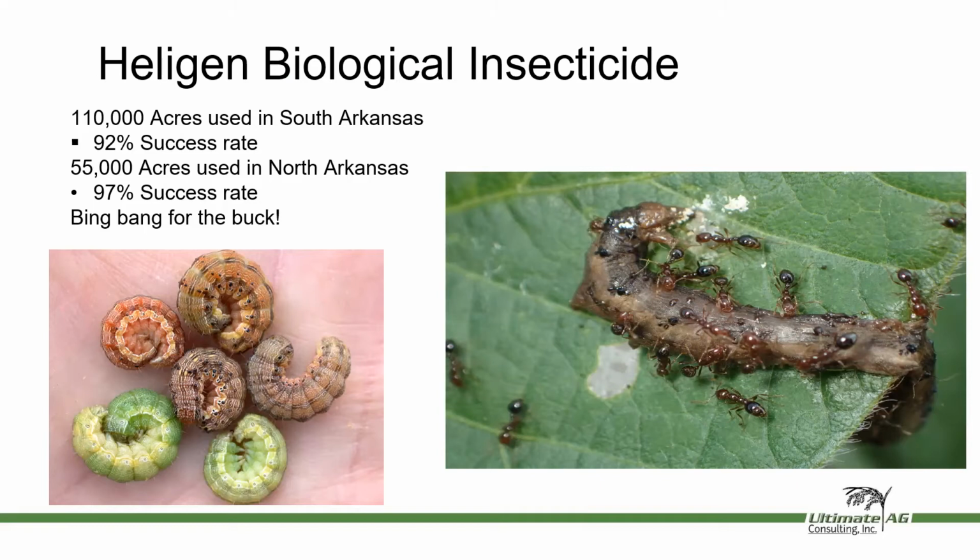So when we started that application, it was at that R2.75, R3 stage, and we would be picking up one or two very small bollworms at the time, quarter, 1/8-inch bollworms. So we had low populations, we had small worms. We made that application.